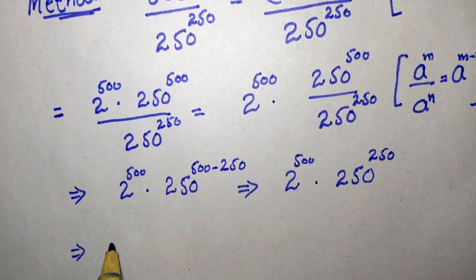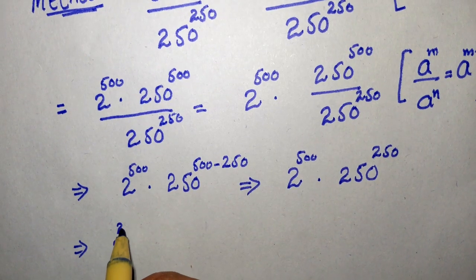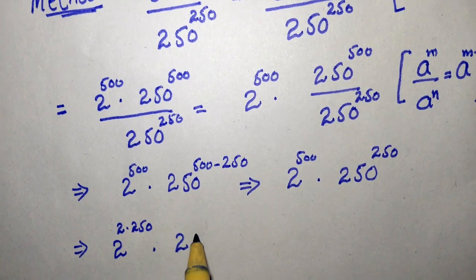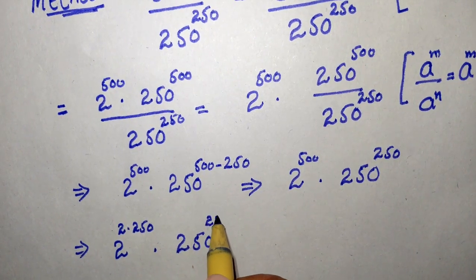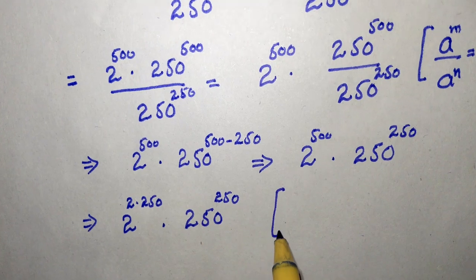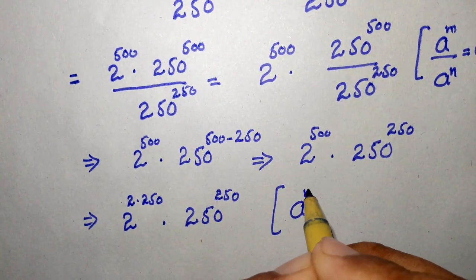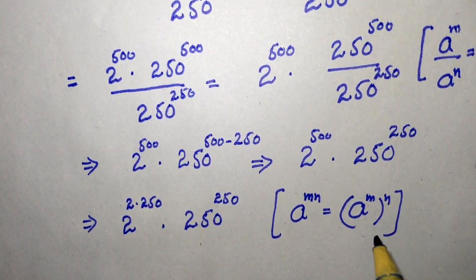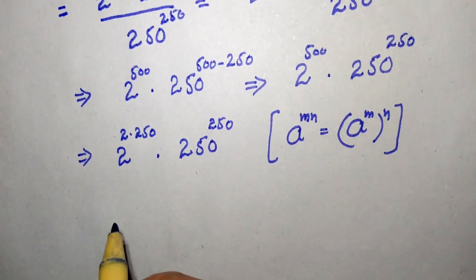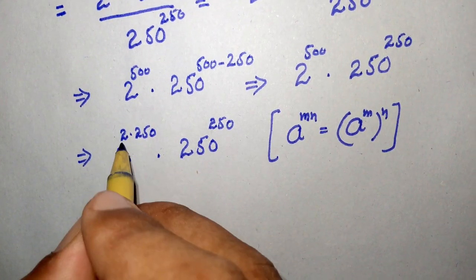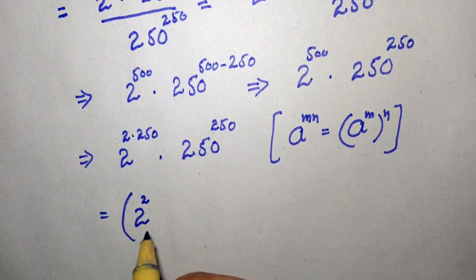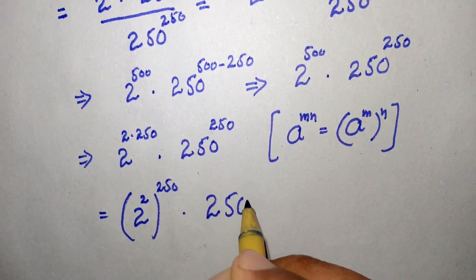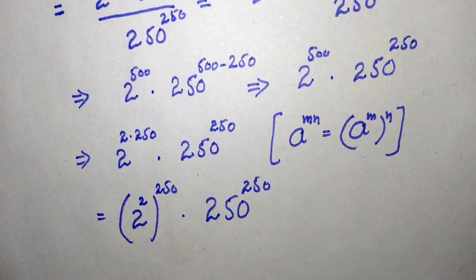Now again we know that 2 to the power of 500 can also be written as (2 times 250) to the power of 250. Here we apply the condition a to the power of m times n can also be written as (a to the power of m) to the whole power of n. So this will become (2 to the power of 2) to the whole power of 250 times 250 to the power of 250.